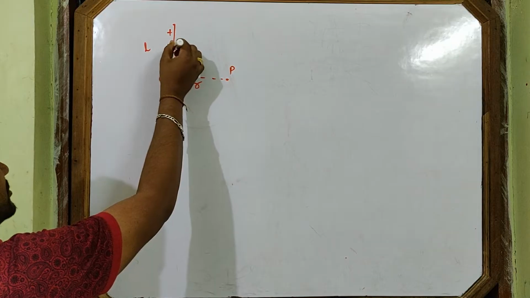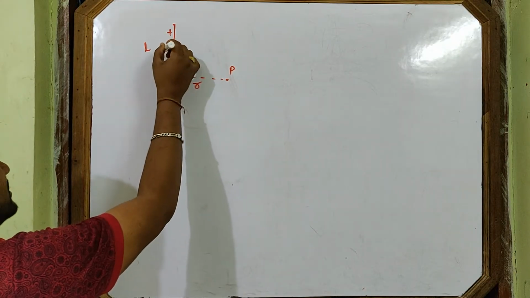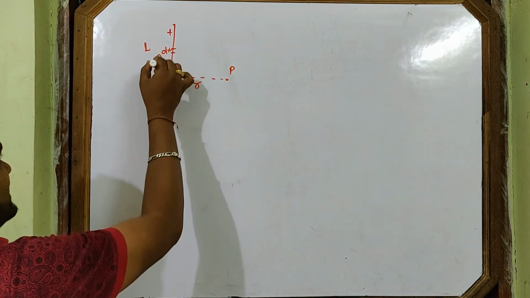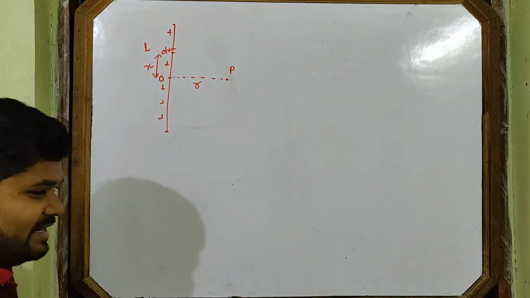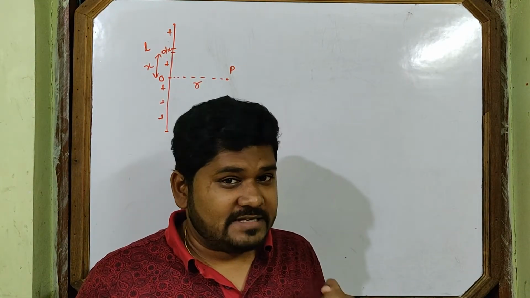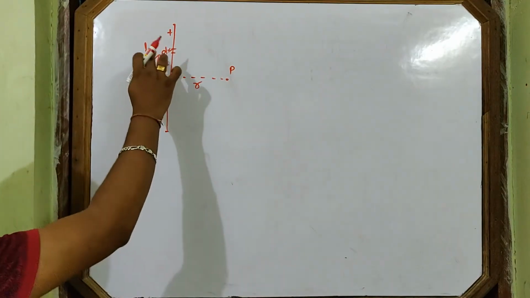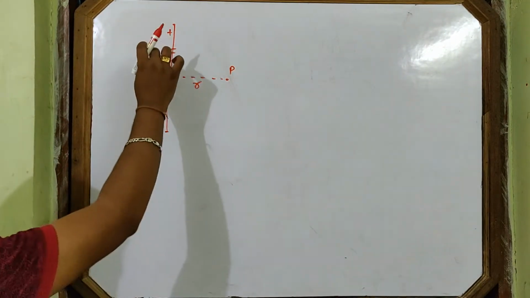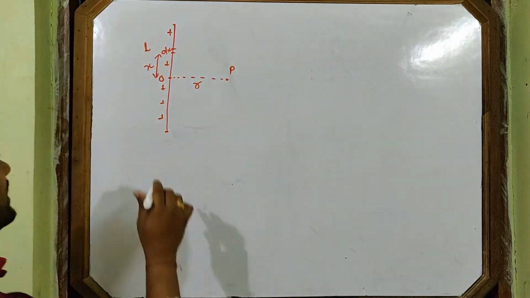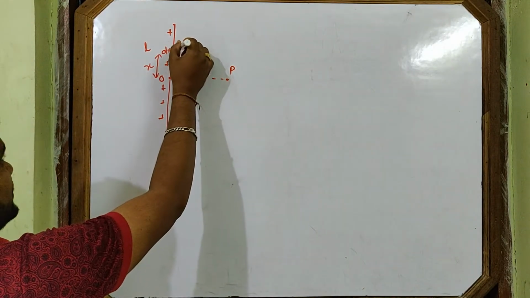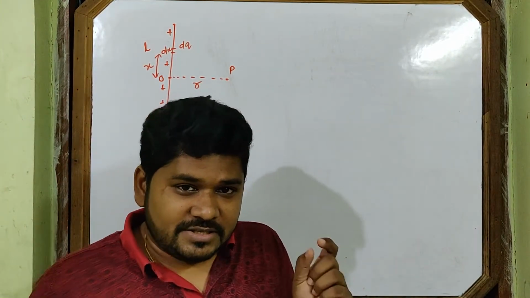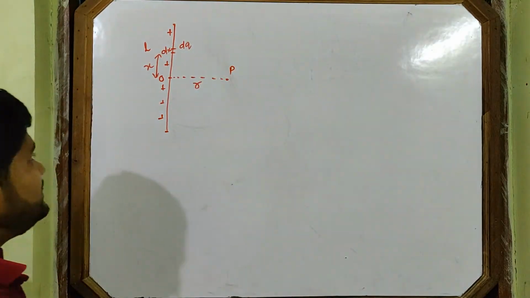Suppose I am considering a small section of width dx at a distance x from the center, in the upward direction, and its charge will also be dq, a very small charge.